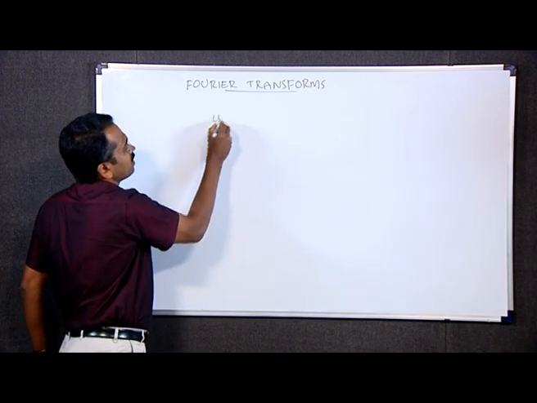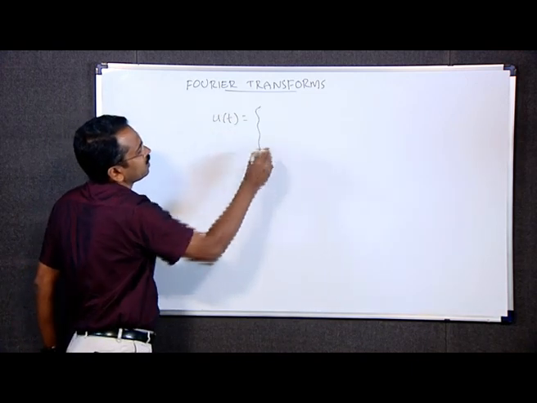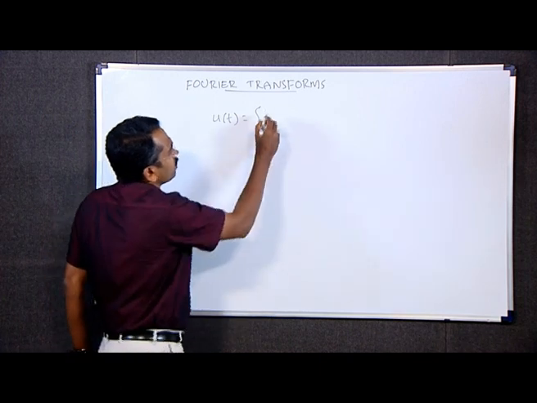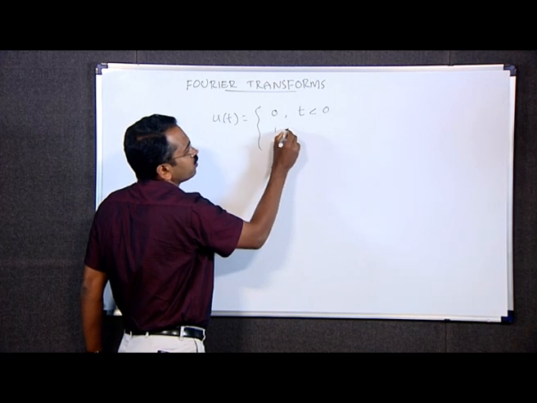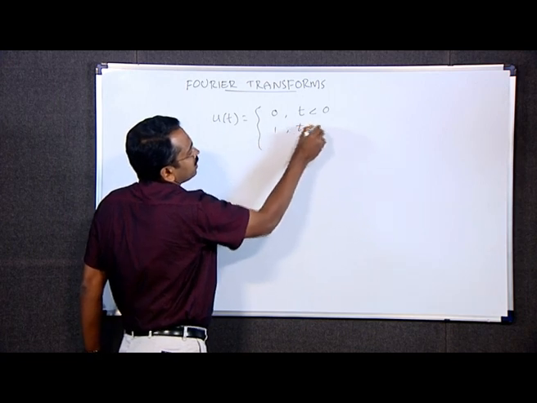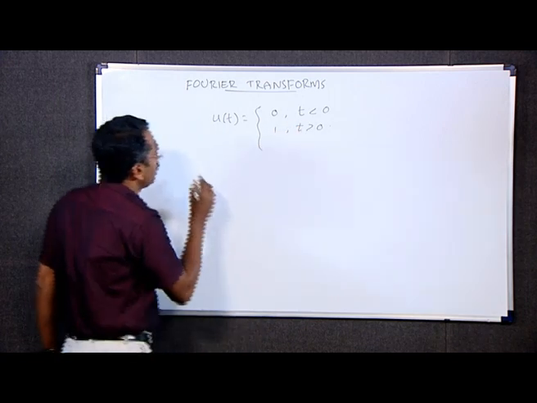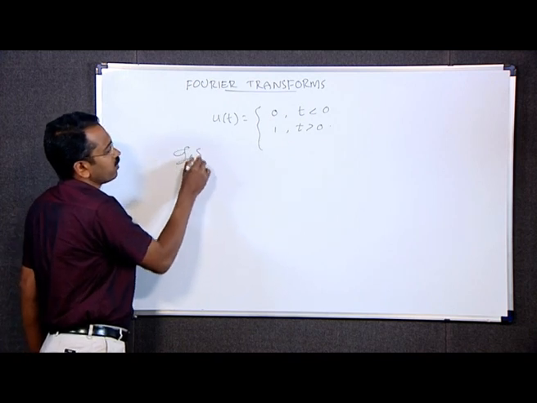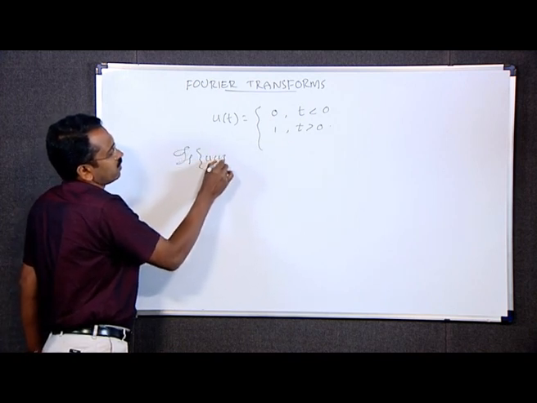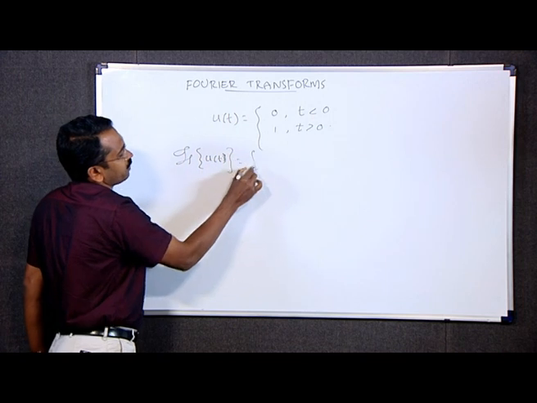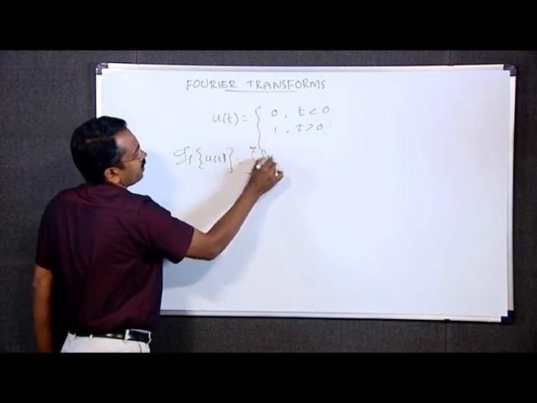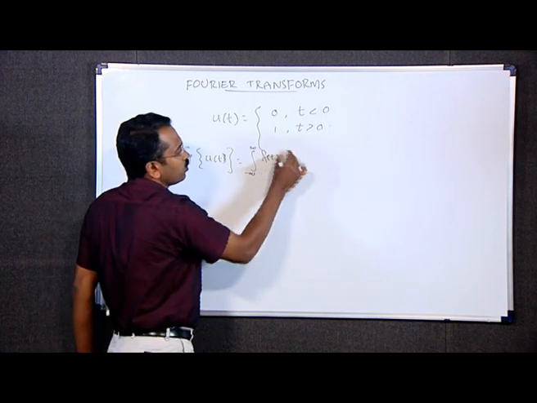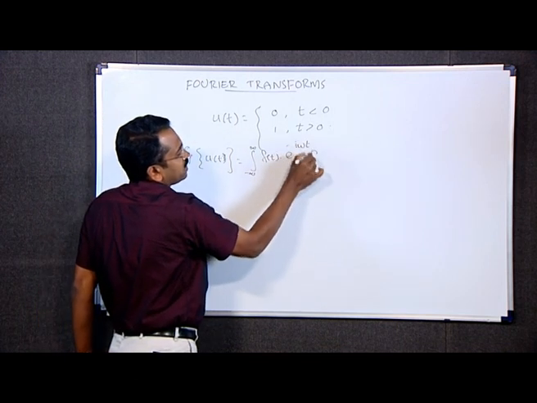The unit step function is defined as u of t is equal to 0 for t less than 0 and u of t equal to 1 for t greater than 0. Then the Fourier transform is the integral from minus infinity to infinity of f of t into e raised to minus i omega t dt.